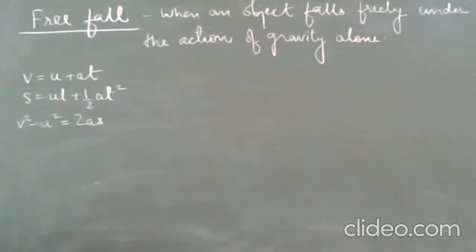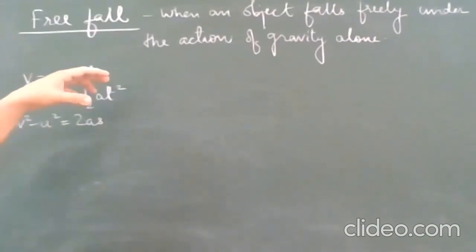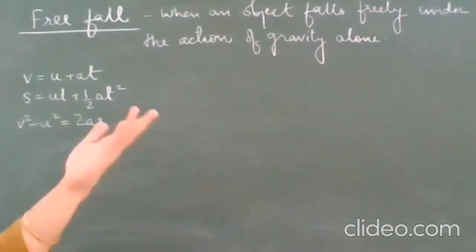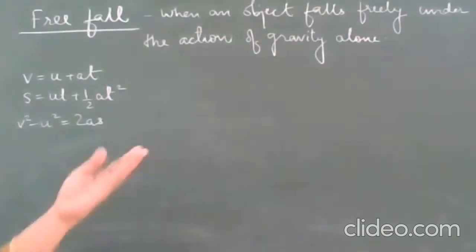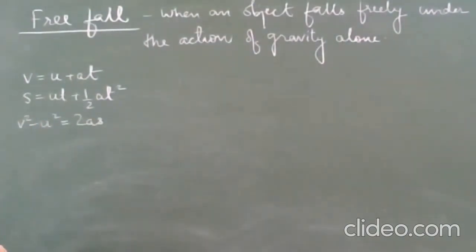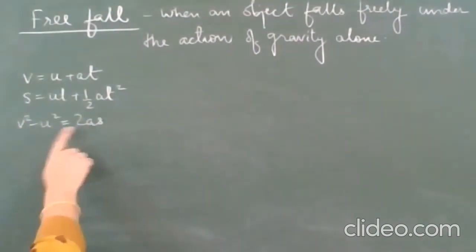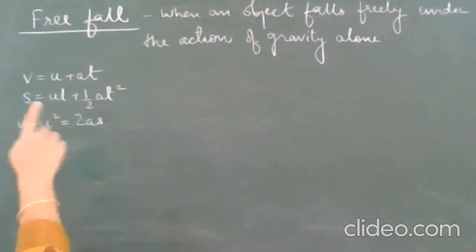Now specifically in this chapter we will be dealing with freely falling objects, when objects are dropped from a height, or an object has been thrown up. So after throwing, only gravity is acting on it, assuming that no air resistance is there. So these equations will be modified. How?